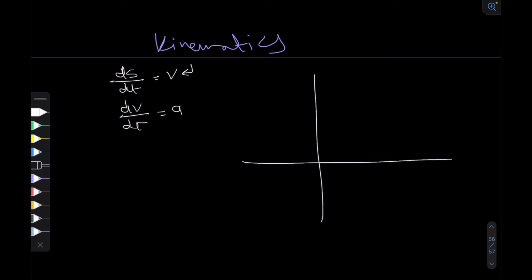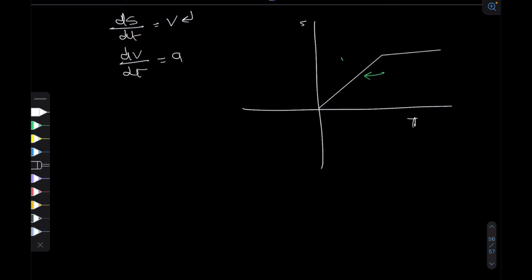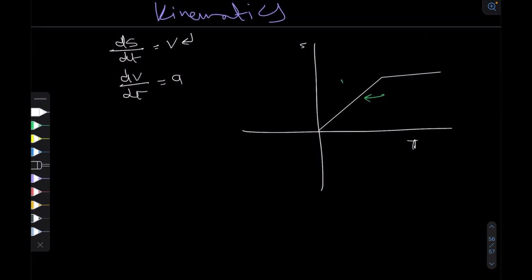Now, the reason why we are differentiating this, you might have probably come through this before, but let's say this is my displacement, this is my time, and this is my graph. Now, in this graph, if you're given the equation of this line, you don't really need to apply calculus because it's only a straight line, so it's easy to calculate its gradient. But let's say instead my graph is much more complicated.